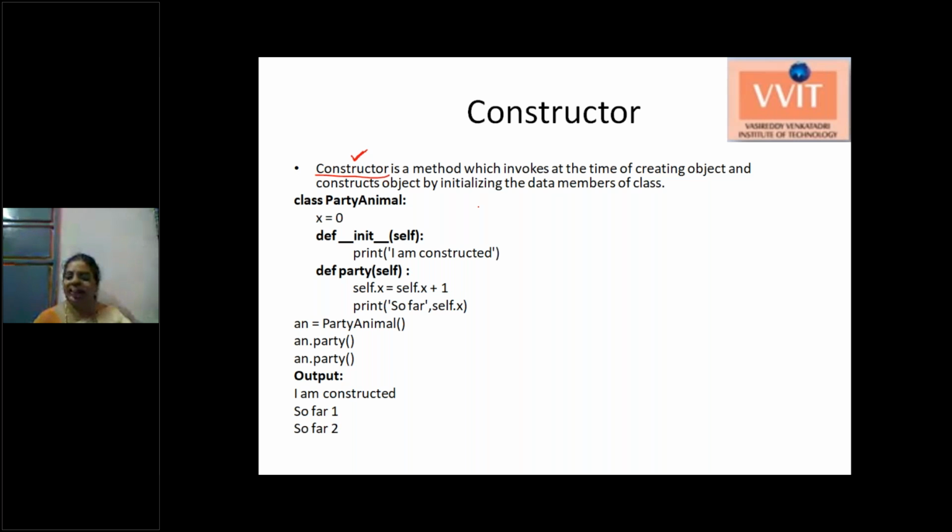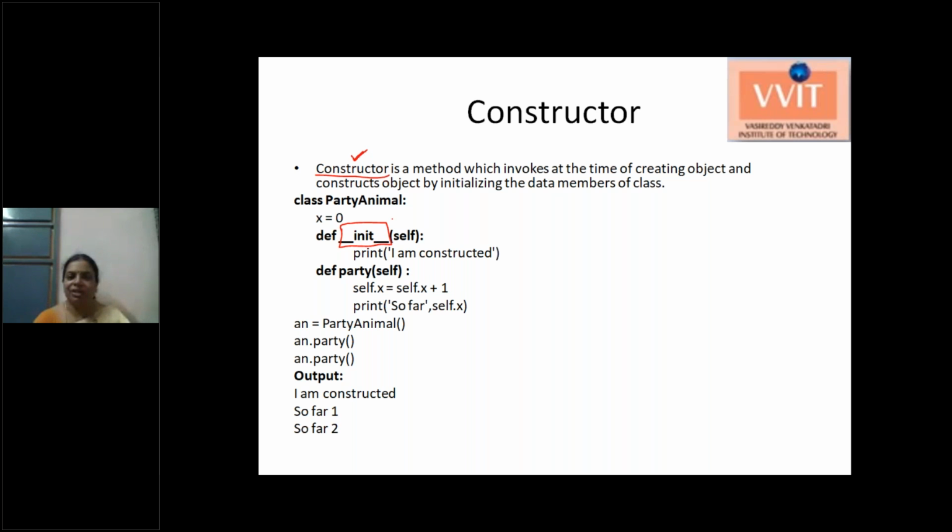Another thing is the constructor method has a special name in the Python programming language, not like the other functions. We have a different name for the constructors in Python. That name is double underscore init and again double underscore symbols.